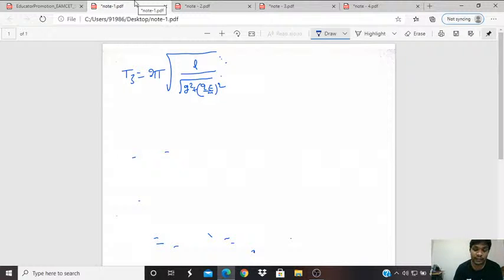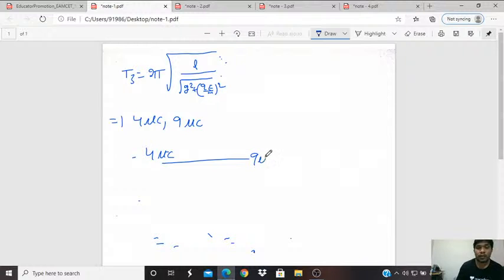Okay, next. I will give you, see, 2 point charges 4 microcoulomb and 9 microcoulomb are separated by a distance 30 centimeter.